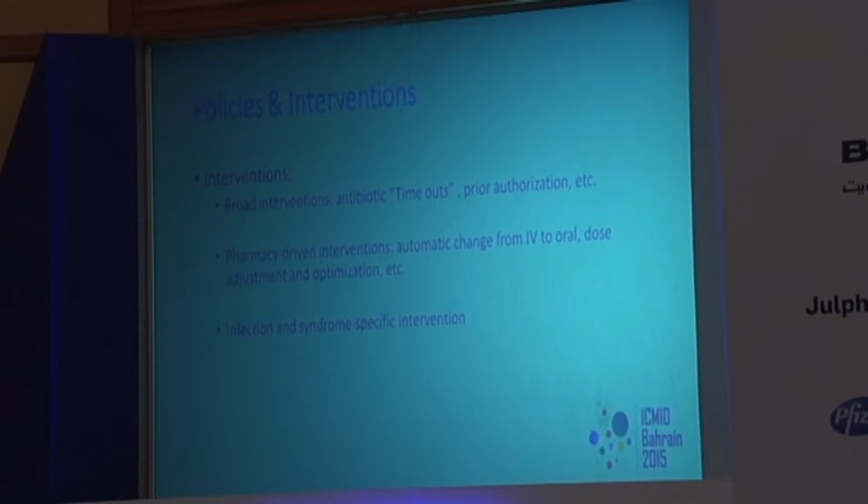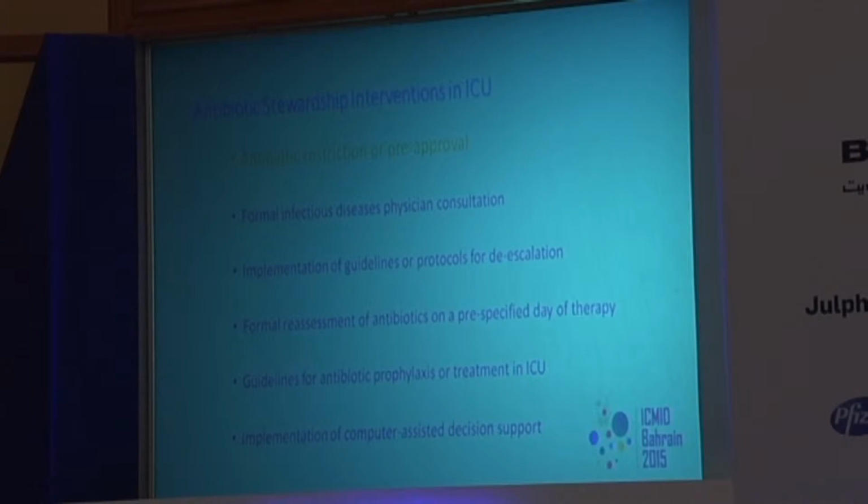The CDC also looked at it by categorizing them into these three broad interventions: as broad as antibiotic timeout or prior authorization, or pharmacy-driven interventions by changing from IV to oral, or deadlines that they would stop, or infection and syndrome-specific interventions. My talk is going to be about the interventions that have been studied most in the ICU, not in a general hospital setting. These are the different antibiotic stewardship interventions that had been looked into, and I'm correlating them with certain outcomes related to their impact.